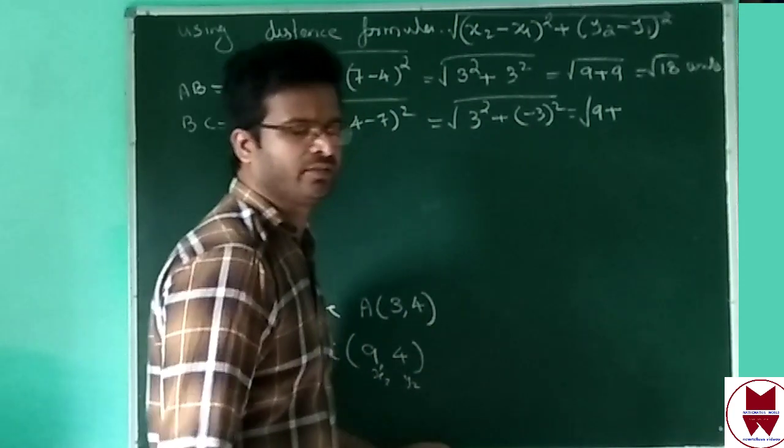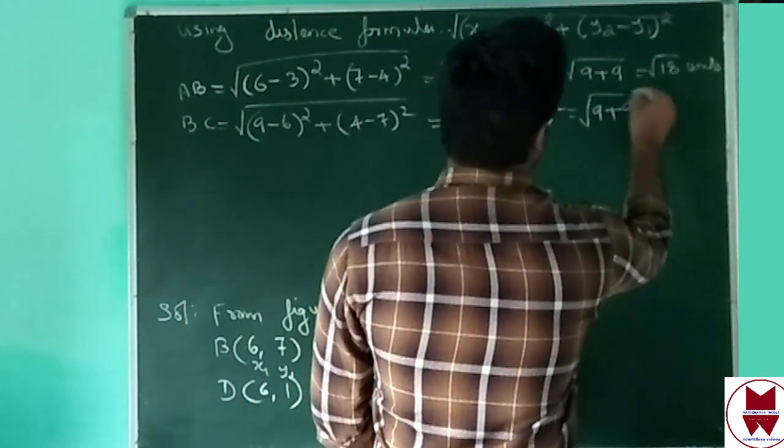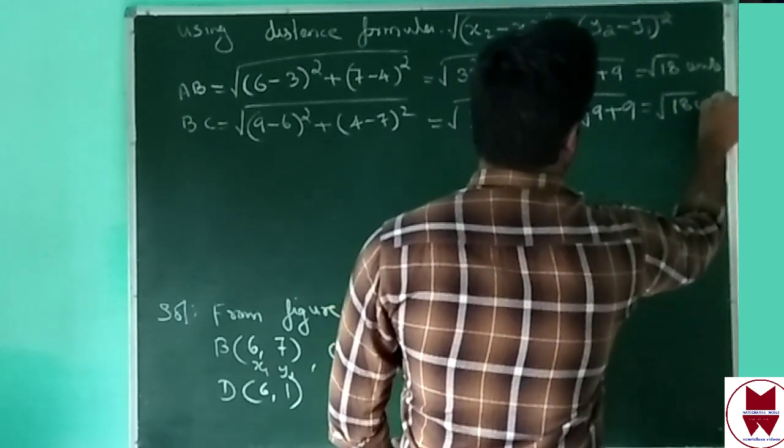Then minus 3 square, minus 3 into minus 3, 9. That also root 18 units.